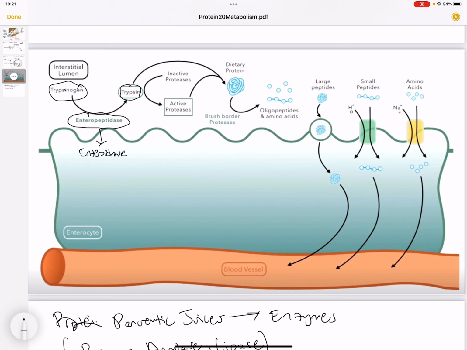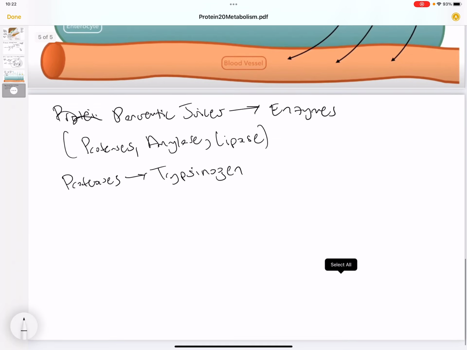Now that we have converted trypsinogen into trypsin, trypsin is going to convert inactive proteases into active proteases. We have several inactive proteases that are important to mention. One of them is called chymotrypsinogen. The other one is called procarboxypeptidase.